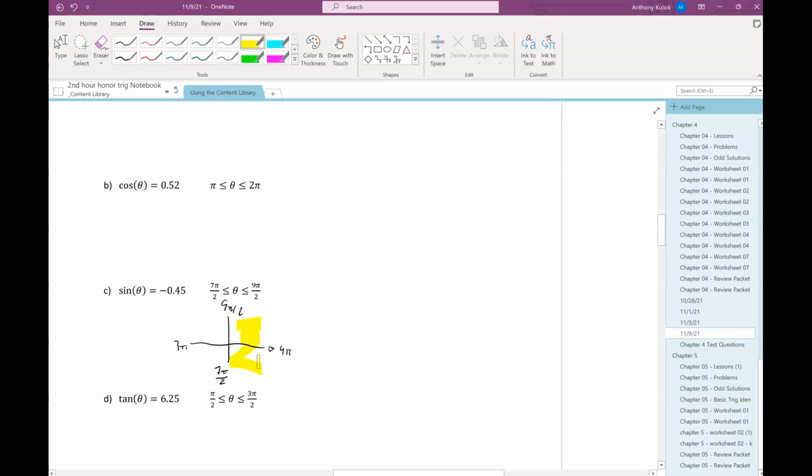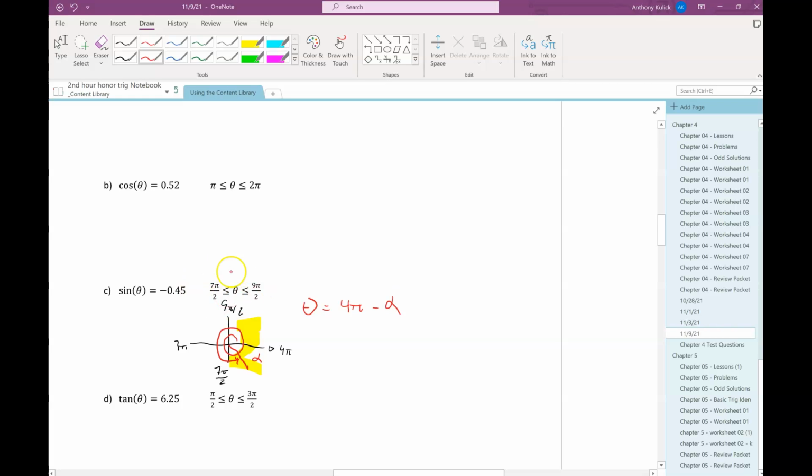So using this, and sine is negative here, so we're doing that. This is my alpha. So I would just do this as 4 pi minus alpha, and then that's it.